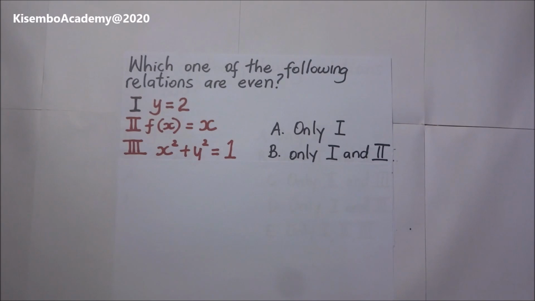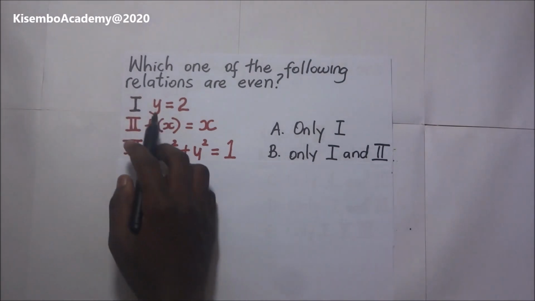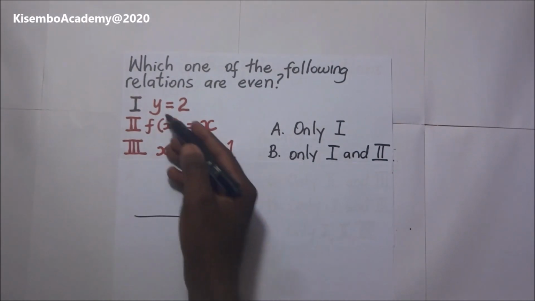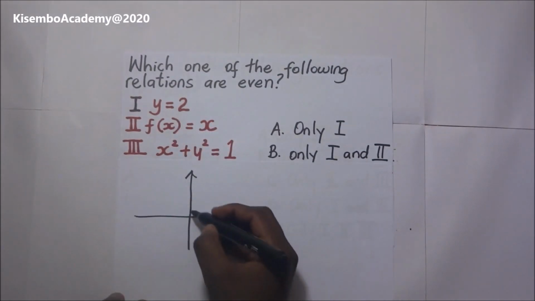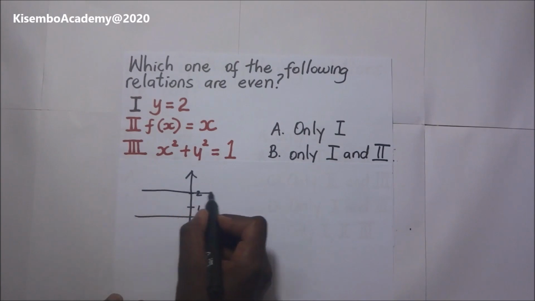So we shall basically try to identify how these things look. For example, if I sketch a graph of y is equal to 2, this is 1, 2. Y is equal to 2 is a straight line.